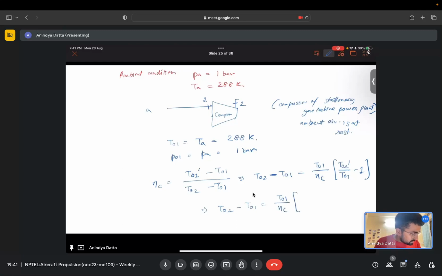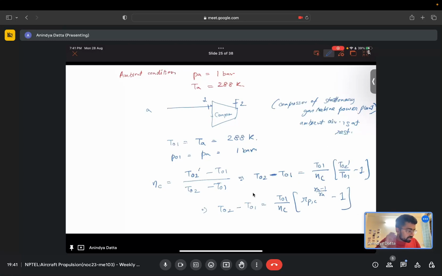T02 prime by T01 is the temperature ratio if the process is isentropic, so this we can write as Rp compressor to the power (gamma air minus 1) by gamma air.